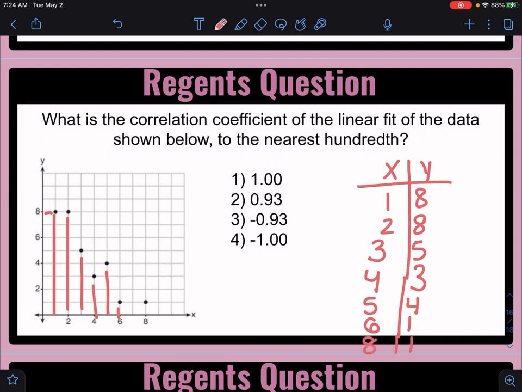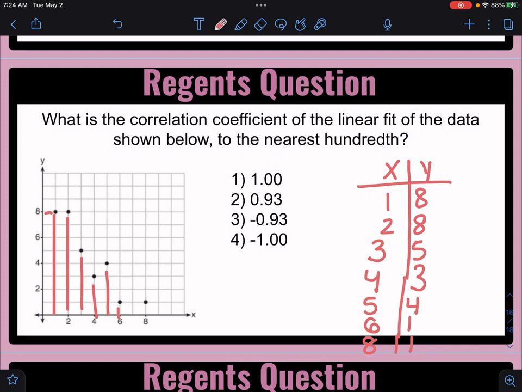So now I'm going to go type these things in. So A will be x. And I get 1, 2, 3, 4, 5, 6, 8. And then this would be y. I should have cleared everything out, so I cleared out my calculator. And I get 8, 8, 5, 3, 4, 1, 1. Now I'm going to go menu, stat, calc, linear regression.